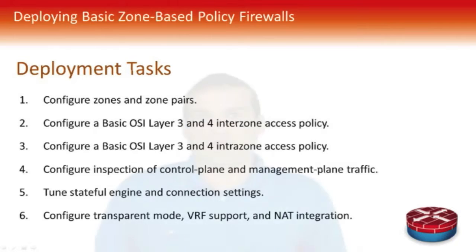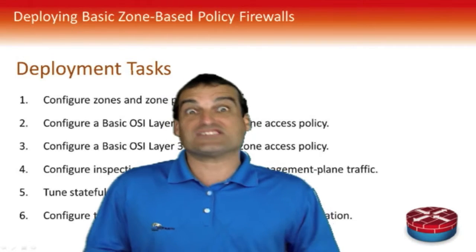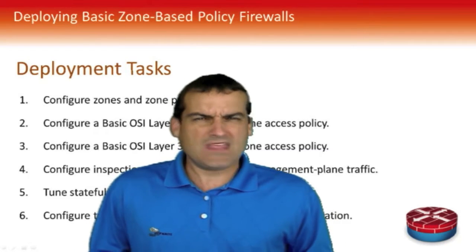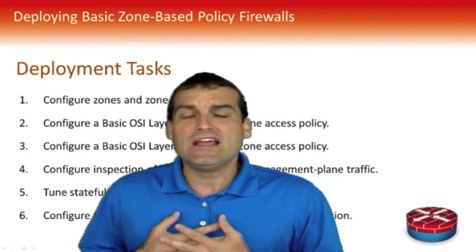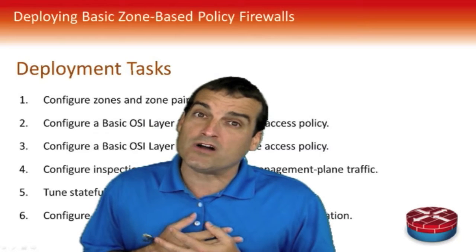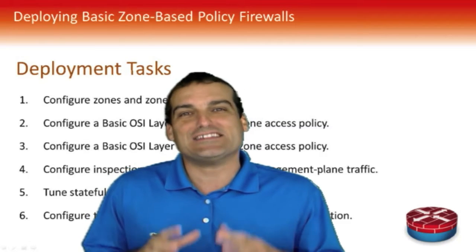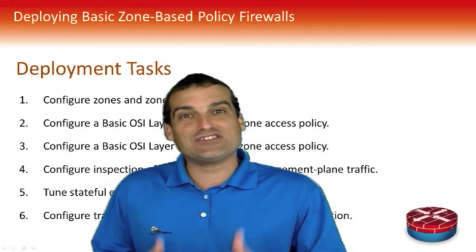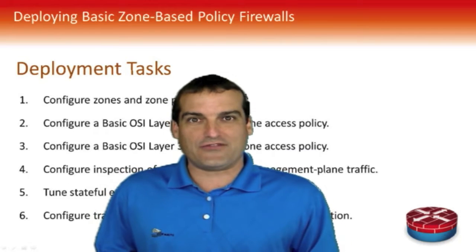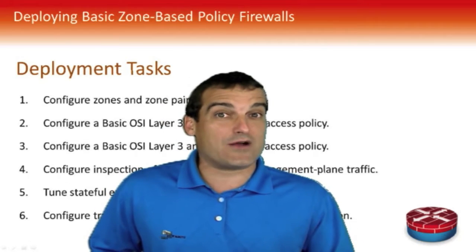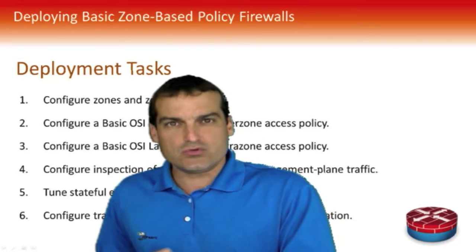We're going to do basically 3 things. We're going to look at the SelfZone today. The zone-based firewall has a SelfZone, and this zone is going to be used to control traffic that is coming from the router or traffic that is going to the router.